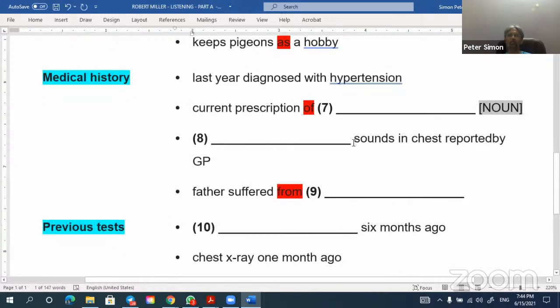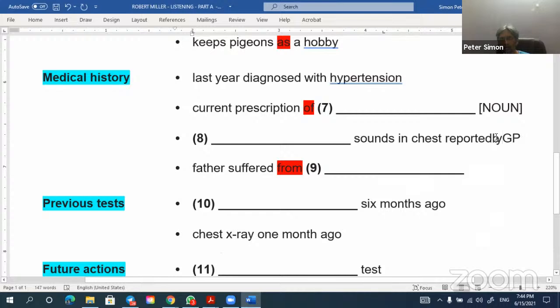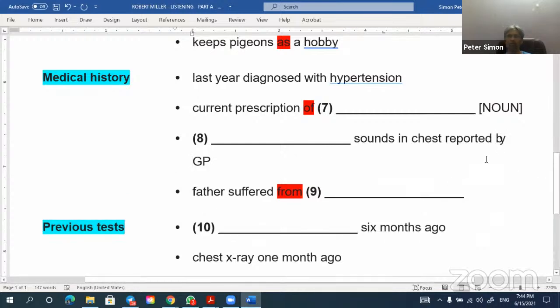Next one here. Dash sounds in chest reported by GP.